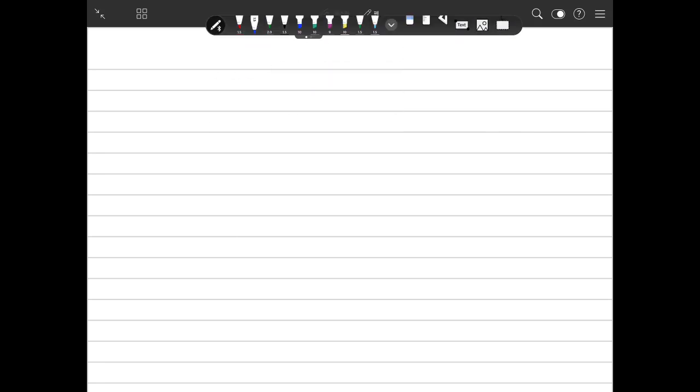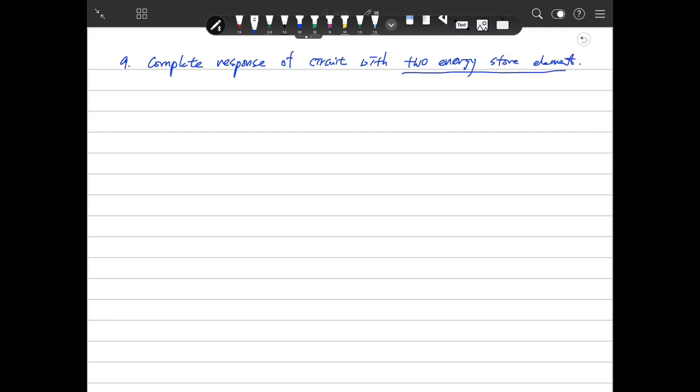The title of this chapter is the complete response of a circuit with two energy storage elements. That means the energy storage element is an inductor or a capacitor.